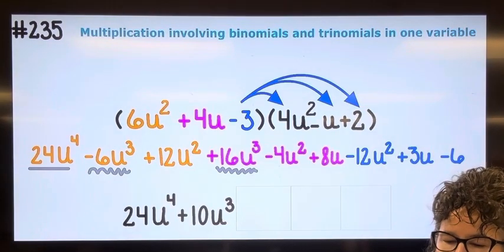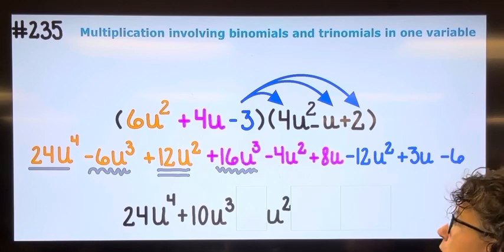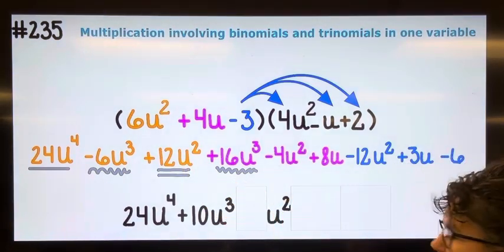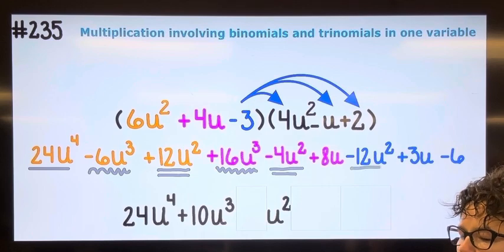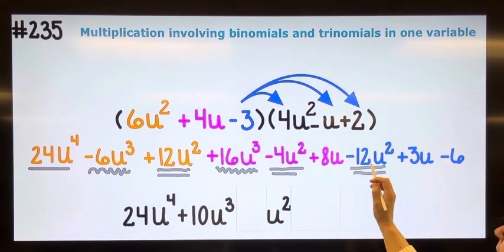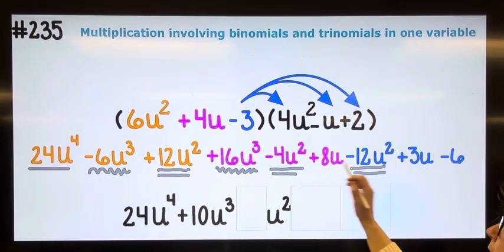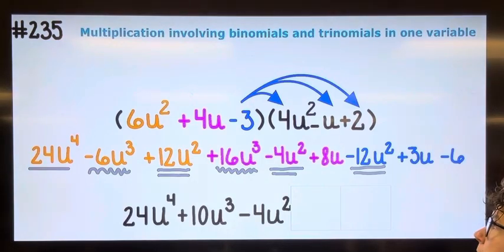Then on to u squareds. Okay, looking for any u squareds we have 12 of those, minus 4u squareds, minus 12u squareds. So 12u squareds minus 12u squareds is nothing, and then another negative 4u squareds is negative 4u squareds. Then let's go looking for a u.